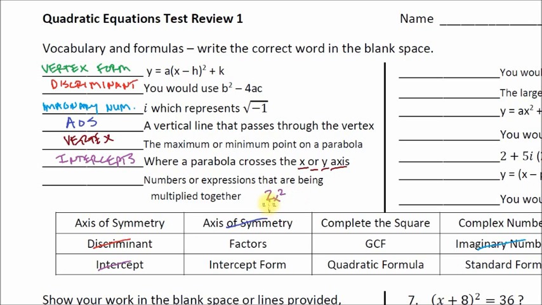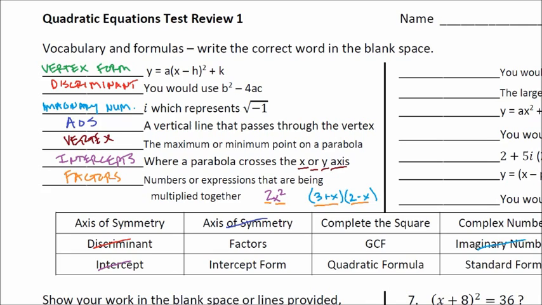Now that I see that, the 2 and the x squared are being multiplied together. We also would have a situation where we have 3 plus x, 2 minus x. These are two binomials that are being multiplied together, and they're actually called factors. So that's why we say the greatest common factor, this 2 is a factor of 2x squared. So these are called factors.